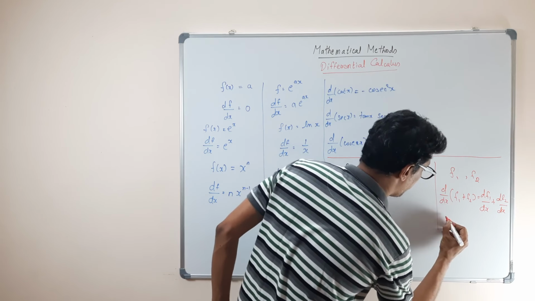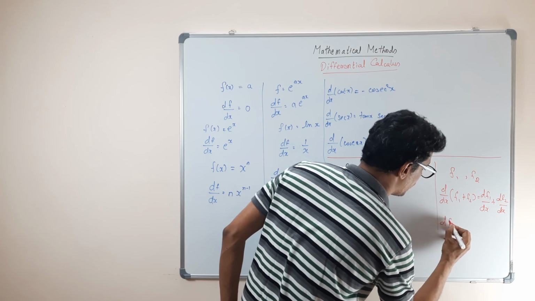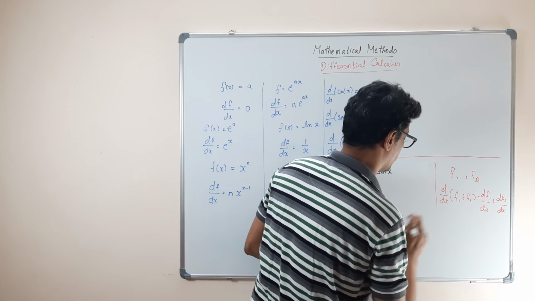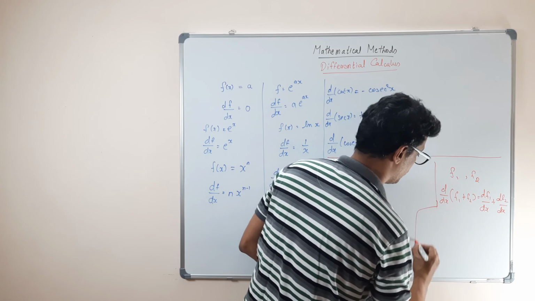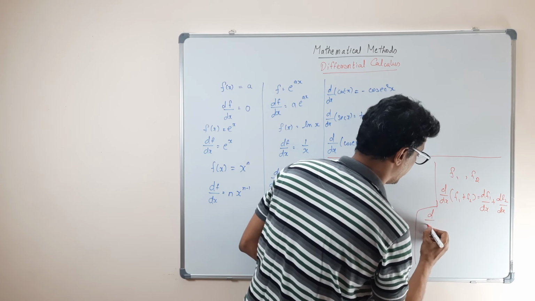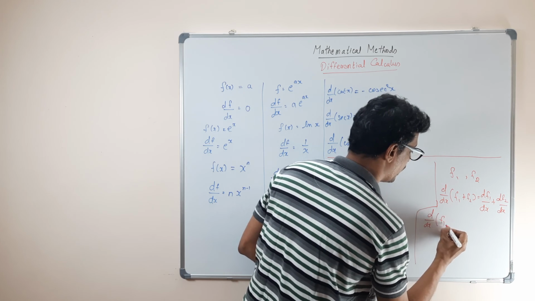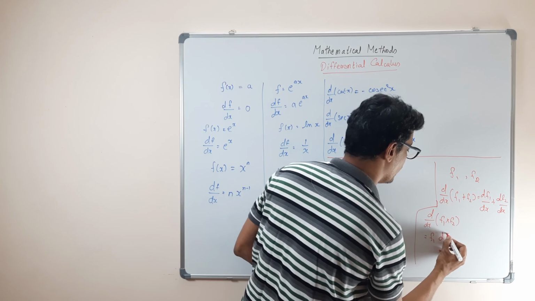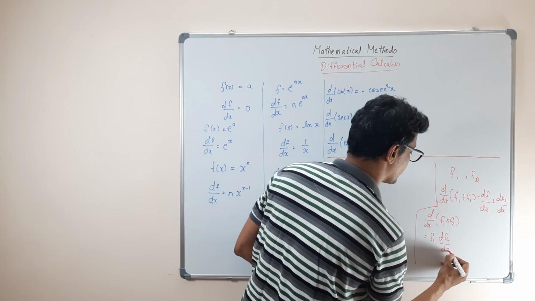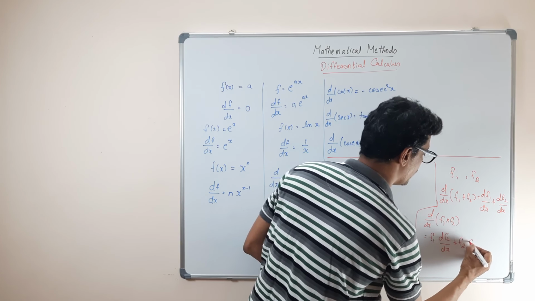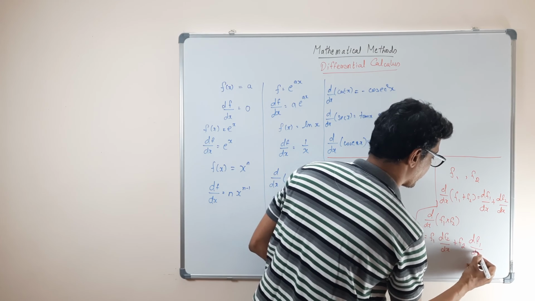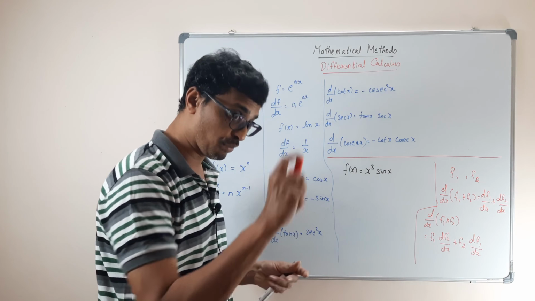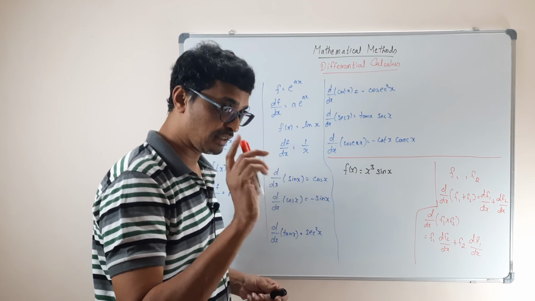Let me write it cleanly here. So d by dx of f1 into f2 will be f1 into df2 by dx plus f2 into df1 by dx. Correct? This is a property we did in the previous class.